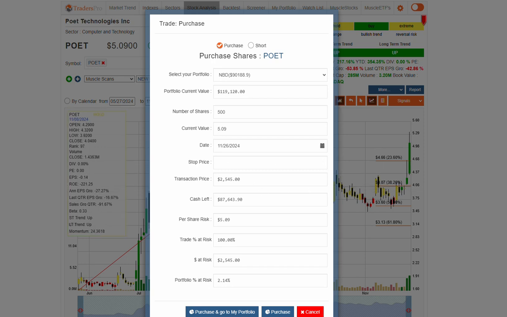Now we also want to set our stop loss. We can do that a couple of ways. You can come all the way back down to this low point and say, if this stock were to come from here all the way back down to this certain point, something's happening that I don't want to play. I don't want to wait around to see ultimately what is happening and potentially turn this loss into a bigger loss. So what we're doing with the risk management is we're saying, how much risk am I willing to take?